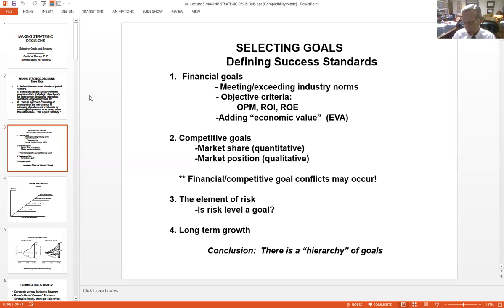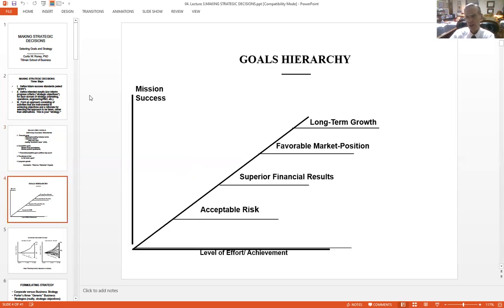So there's obviously a priority here, and I call that the goals hierarchy. And the goals hierarchy is not an absolute construct, but rather it's a system of priorities. If we're seeking a more acceptable level of risk because our level of risk is too high, then that's where we have to focus our goals.